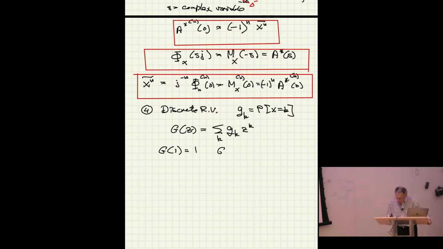What is G prime of 1? Differentiate this with respect to Z. You get k, g k z to the k minus 1. Set Z equal to 1. Get summation of k, g k. What is that?